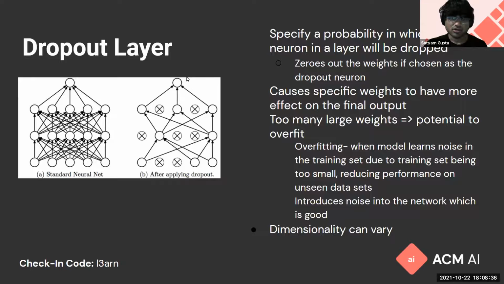So what are dropout layers? In this one, what we are doing is basically saying that some of these neurons are not going to feed forward at all. So we specify a probability with which each neuron in a layer will be dropped. Let's say the probability is 0.3, then each neuron in this layer has a 0.3, or a 30% chance, to not be considered for the next layer at all.